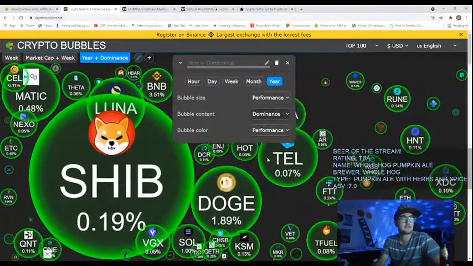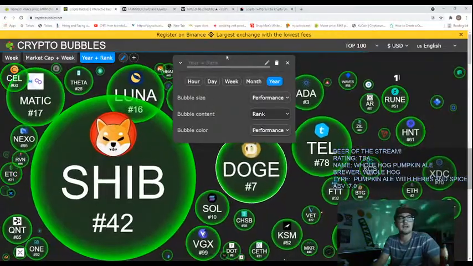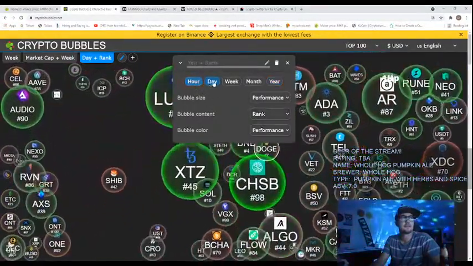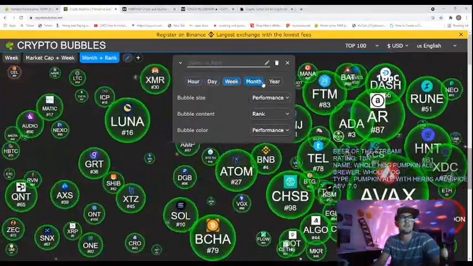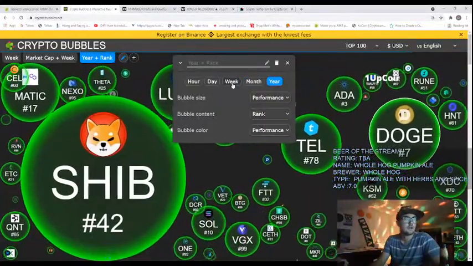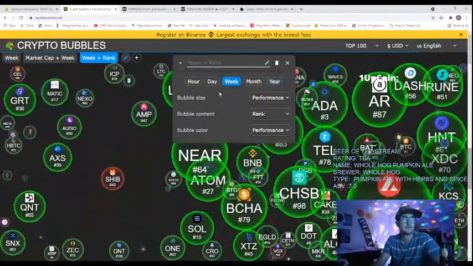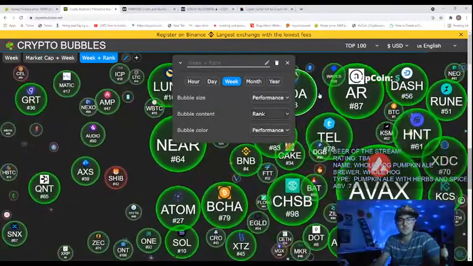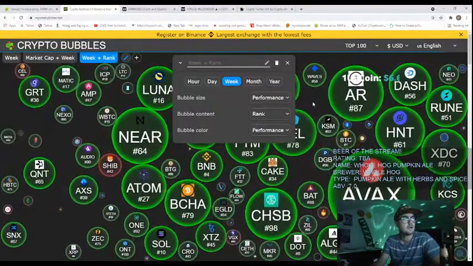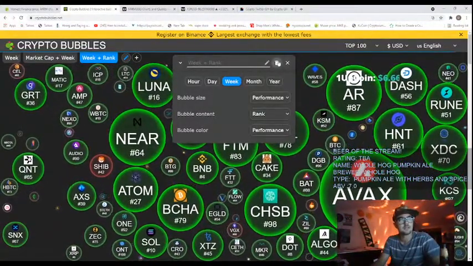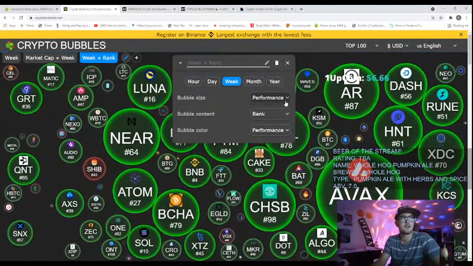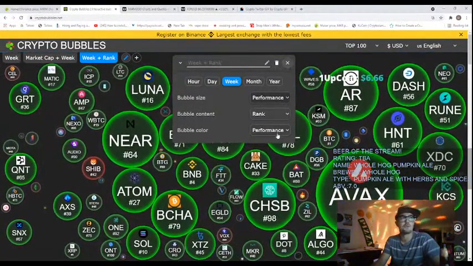Or you may want to look at the ranking for the hourly, daily, weekly, monthly, or yearly. It changes all around depending on what you're looking at. So you can be very specific on choosing what bubble you want to see, as far as time scale and content, and what the size is based off of: performance, market cap, or 24-hour volume.